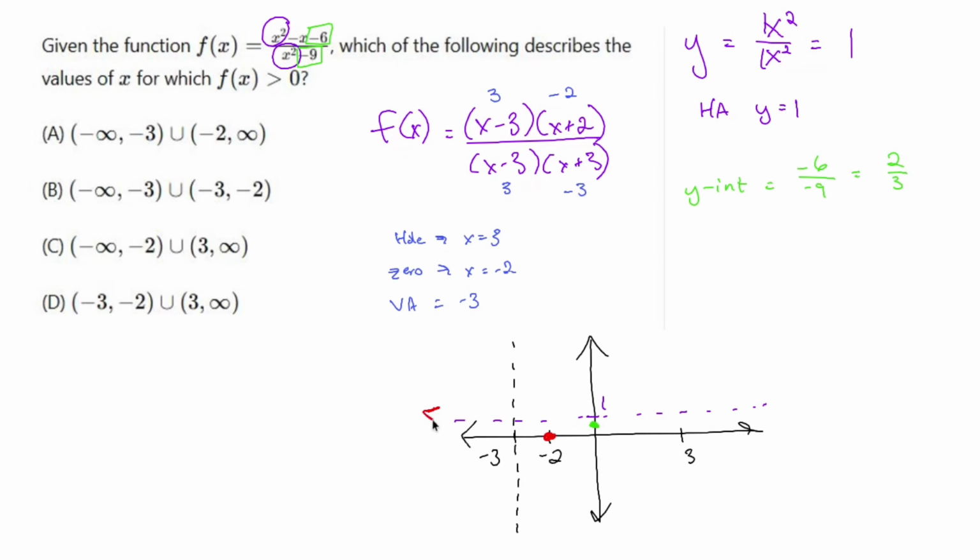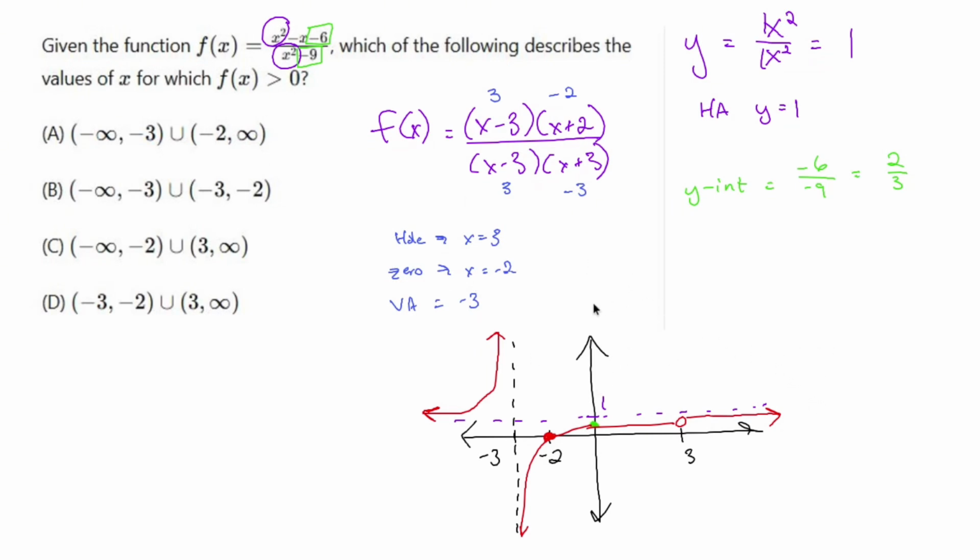Then, since there's no multiplicity ruining things, at negative 3, I'm going to reappear down there, come up and go through negative 2 because it's a 0, through the y-intercept of 2/3, and level out while hitting a hole at 3. So that's what my picture looks like.